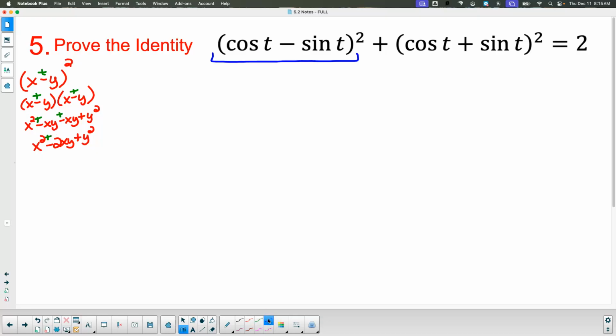So, cosine of t minus sine of t quantity squared then would become cosine squared of t minus 2 cosine of t sine of t plus sine squared of t.